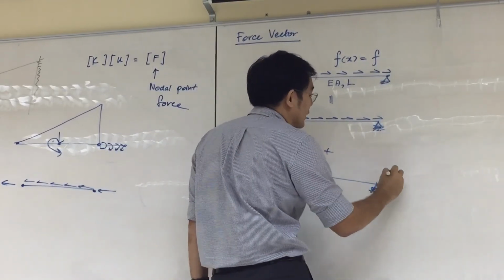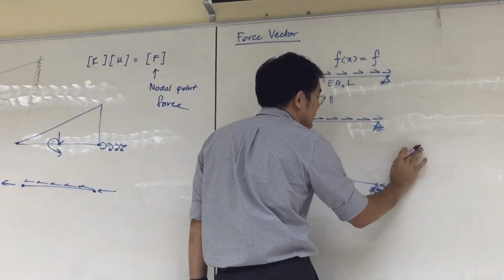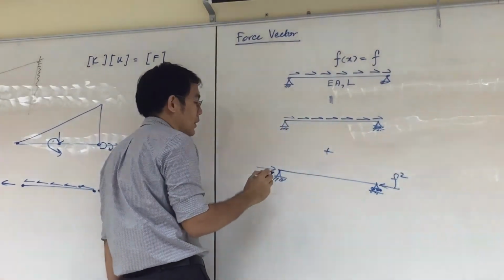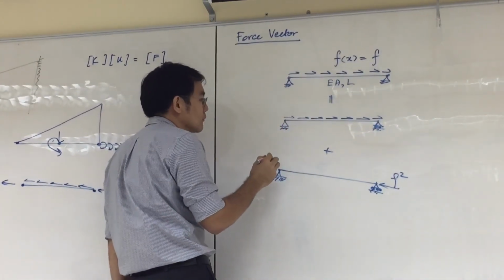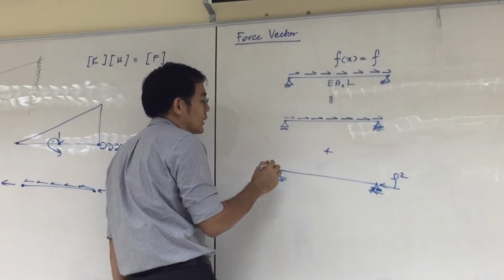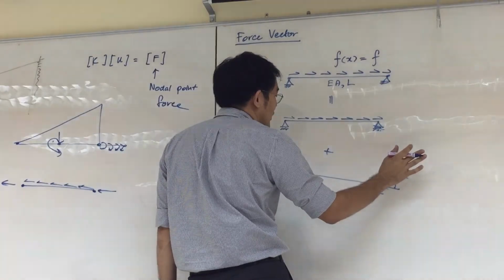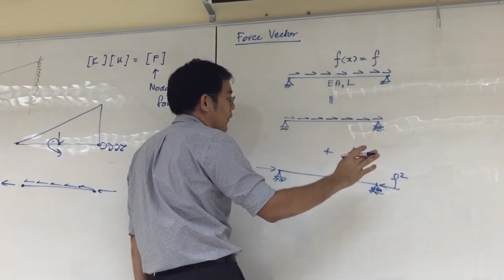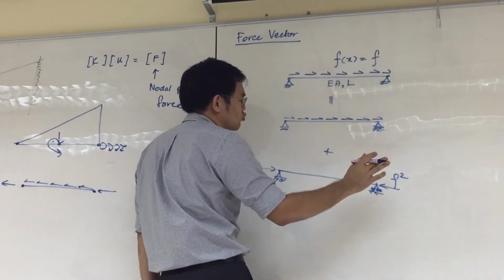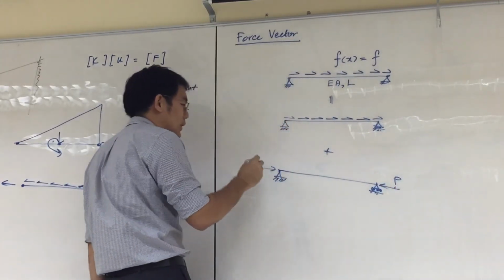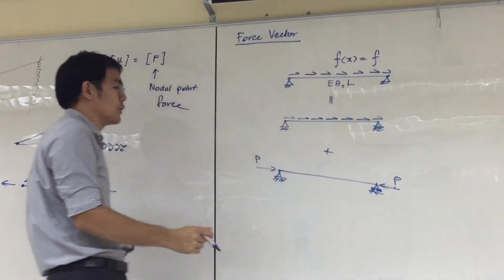I call this one F2. What should be the nice notation? Let's just make it P. Make it F2, then it will be confusing.